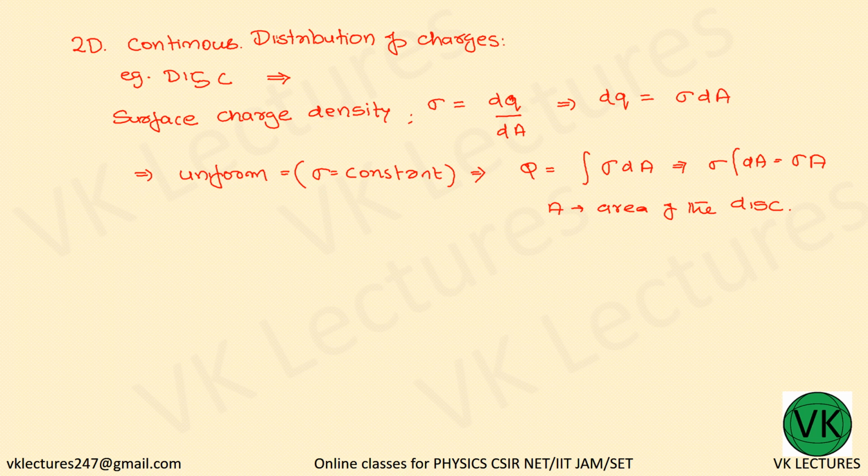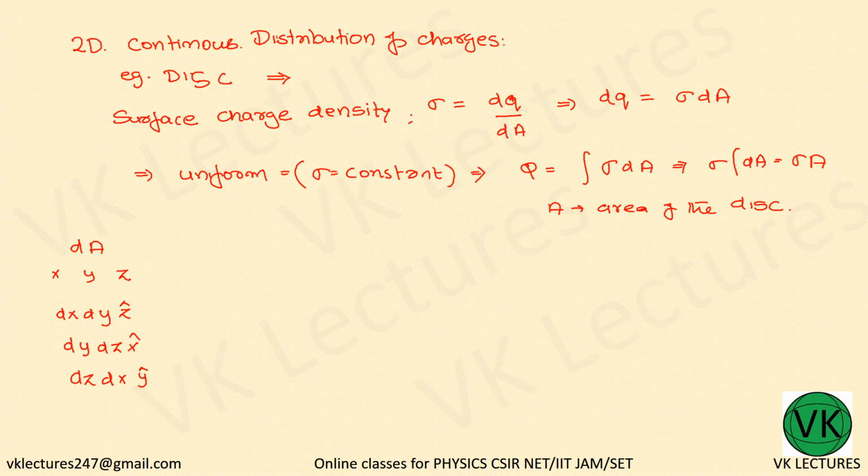Let us discuss the area element dA in all the different coordinate systems. So dA in the x, y, z coordinate system, you have dx dy in the direction of z, dy dz in the direction of x, and dz dx in the direction of y.